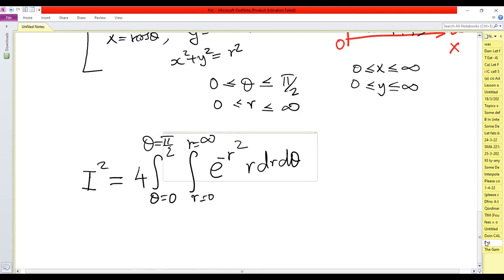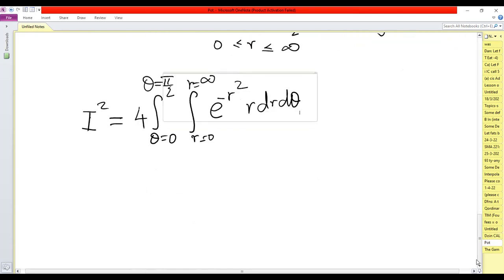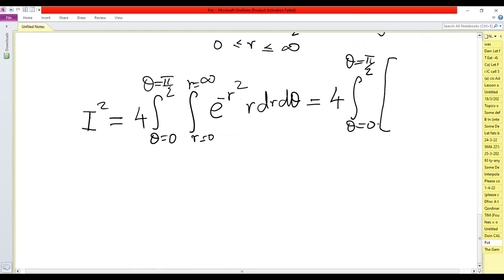We can write this as 4 times the integral from theta equals 0 to theta equals pi over 2, and inside I have the integral from r equals 0 to r equals infinity of r e raised to power negative r squared dr, and then I have the d theta.